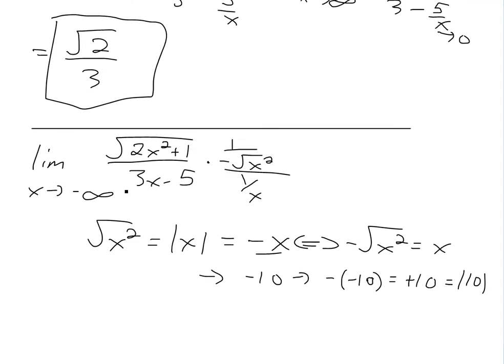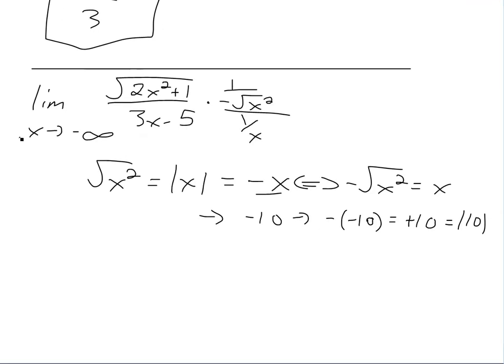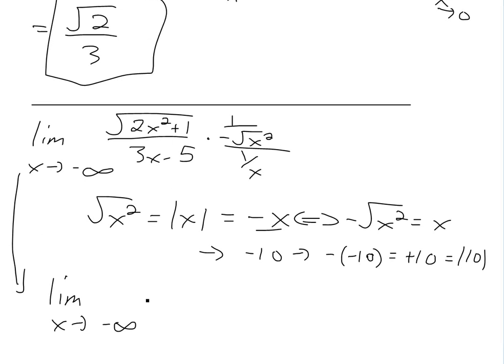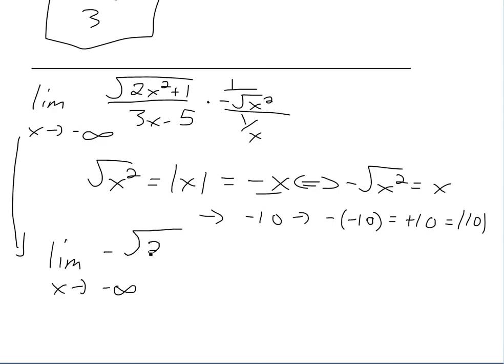So now we can write the limit we got at the end of the first one, as x approaches negative infinity, but now we just have this negative sign there. We'll write it down right here: negative square root of 2 plus 1 over x squared, all divided by 3 minus 5 over x.